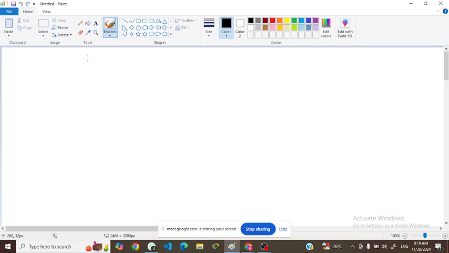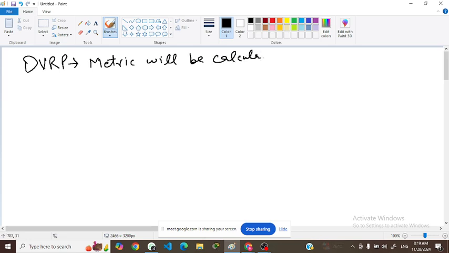In distance vector routing protocol, DVRP, metric, yesterday we discussed about the metric. Metric will be calculated on the basis of distance.